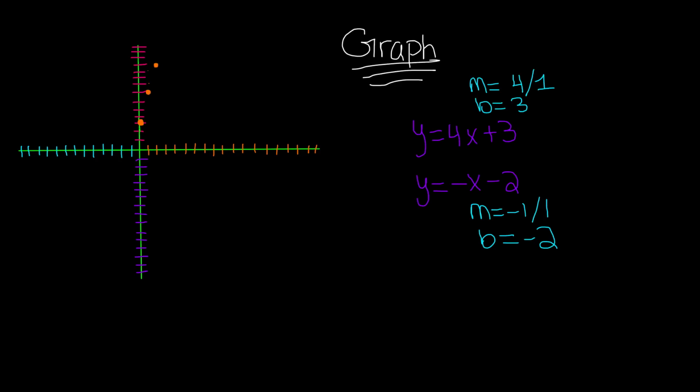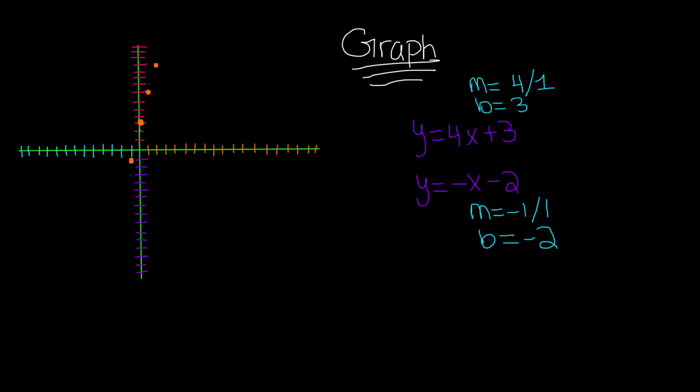We can go down too, but this time we're going to have to flip the sign of the slope. So if it's positive 4 over 1, it will become negative 4 over negative 1. That means we're going to go down 4 and then to the left 1. So we will go 1, 2, 3, 4 and to the left 1.